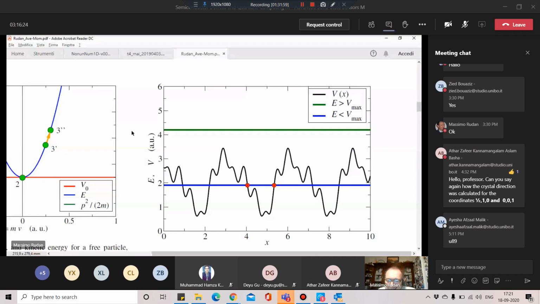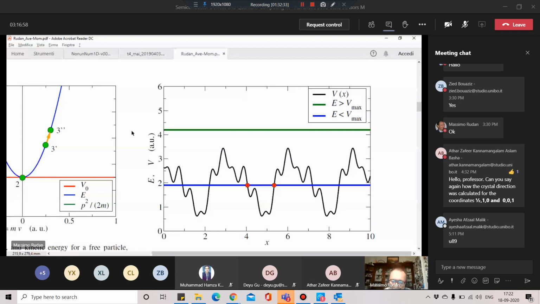And then we have the intermediate case that is represented by the blue line. That is, the total energy has a value that is intermediate between the absolute maxima and the absolute minima of the potential energy. So what happens in this case? In this case, you see there is a segment marked by the two red dots, okay?